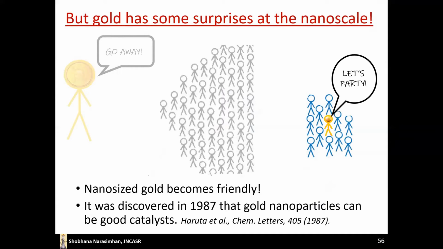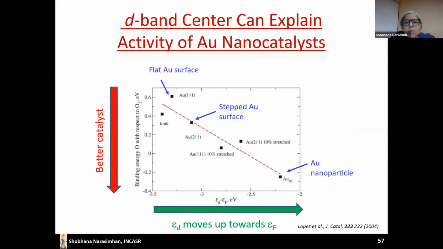You can use these D-band center arguments to explain why that happens. If you calculate the D-band center for an extended gold surface, then a stepped gold surface, and then a gold nanoparticle, you find that the D-band center moves up and up towards the Fermi level, and it accordingly becomes a better catalyst.